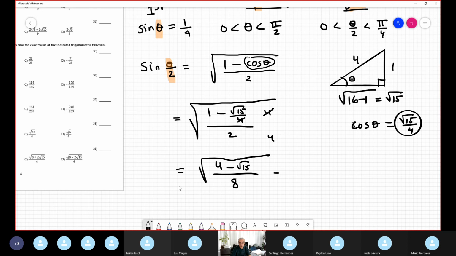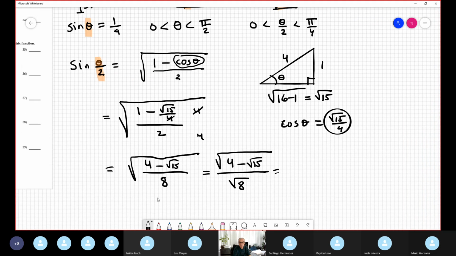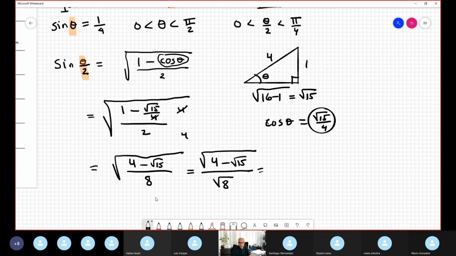So basically we have maybe square root of 4 minus radical 15 divided by radical 8, no? But radical 8 is 2 radical 2. So it is radical 4 minus radical 15 divided by 2 radical 2.